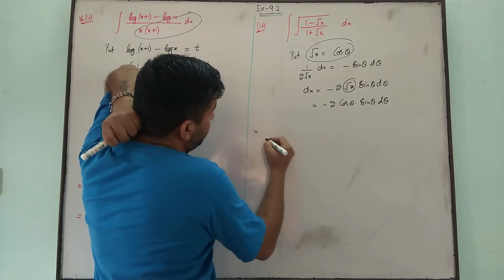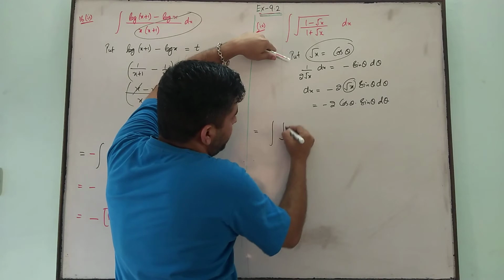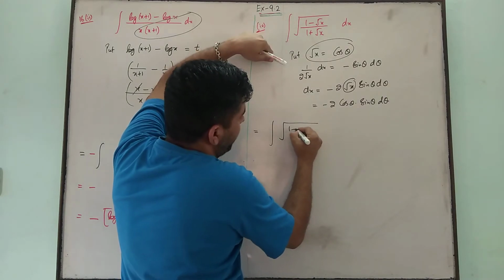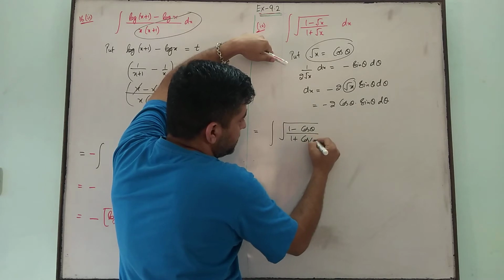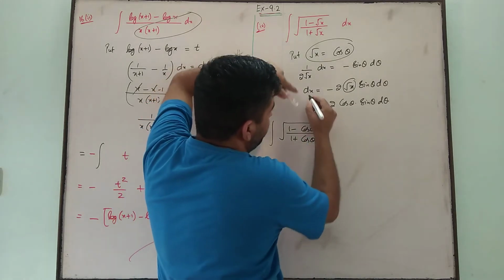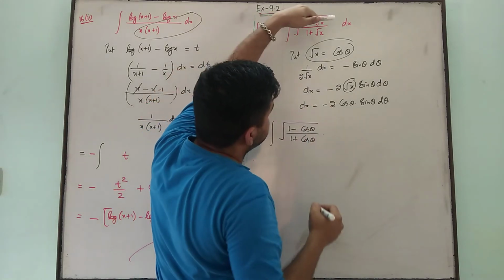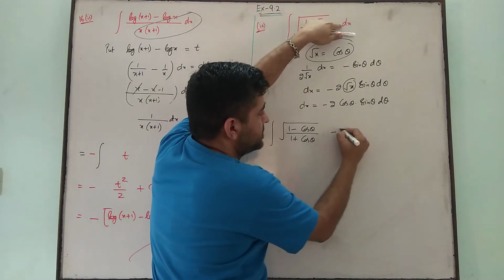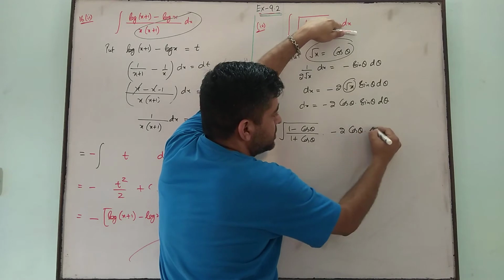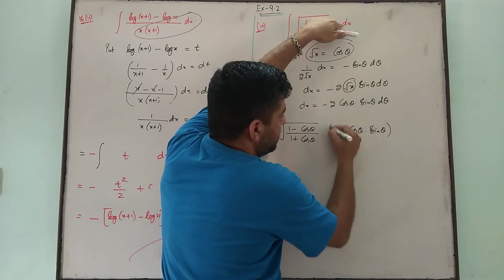So now we have under root of 1 minus cos theta upon 1 plus cos theta into, for dx, this is root x is cos theta, and for dx we have minus 2 cos theta sin theta d theta.